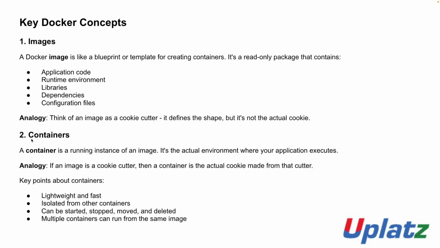Number two, containers. A container is a running instance of an image. It's the actual environment where your application executes. Analogy: if an image is a cookie cutter, then a container is the actual cookie made from that cutter.